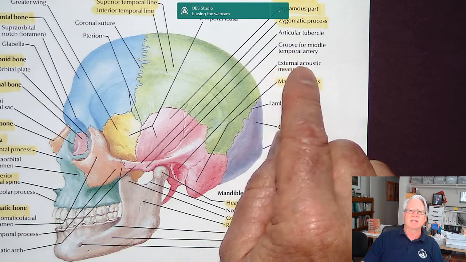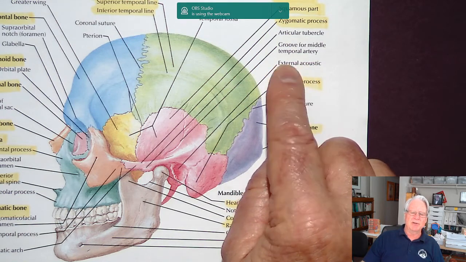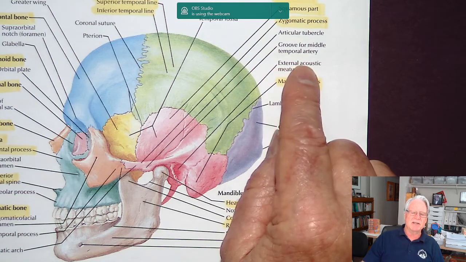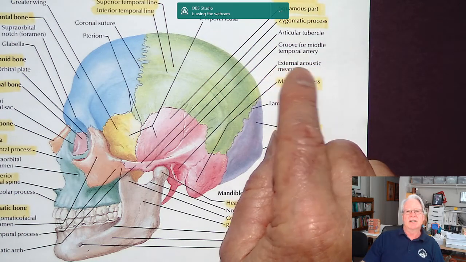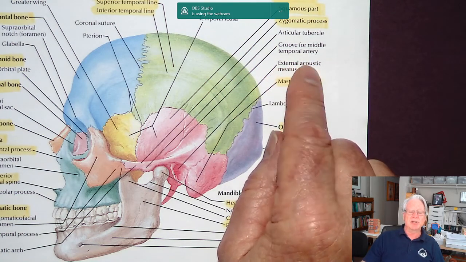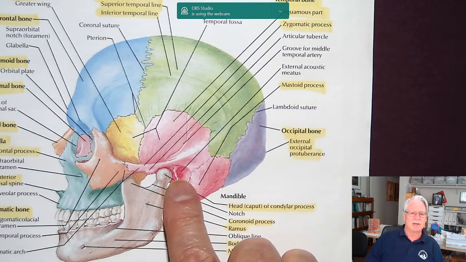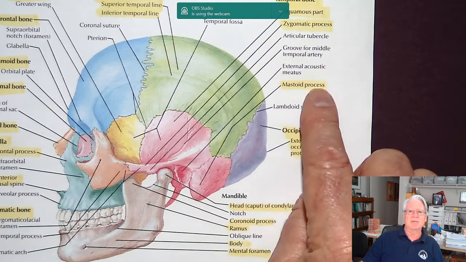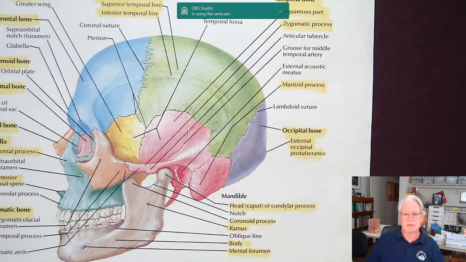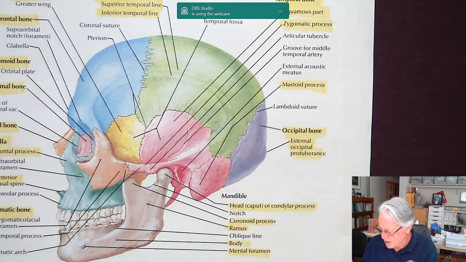External auditory meatus, external acoustic meatus. I would prefer that you use external auditory meatus, but people should know what you mean if you're using acoustic. So that's this opening right here. And we already know what a meatus is, do we not? Yes, we do. All right, so that's the structure.